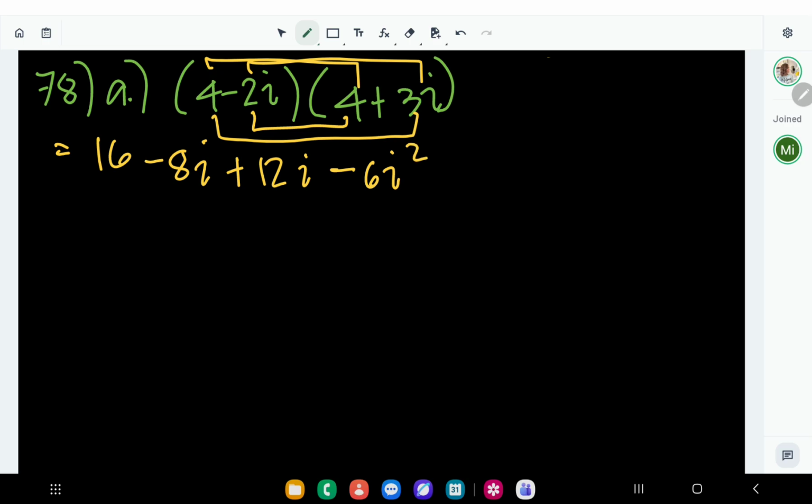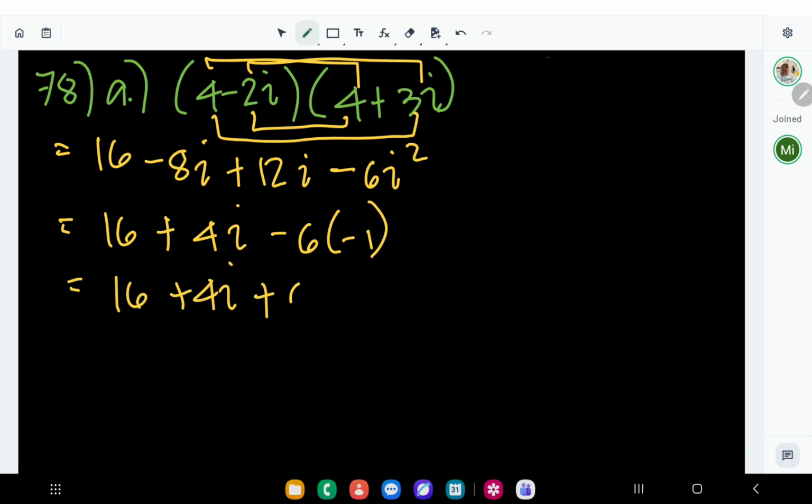So 16 minus 8i plus 12i minus 6 times negative 1. So this is 16 plus 4i plus 6. 16 plus 6 is 22. So this is 22 plus 4i.